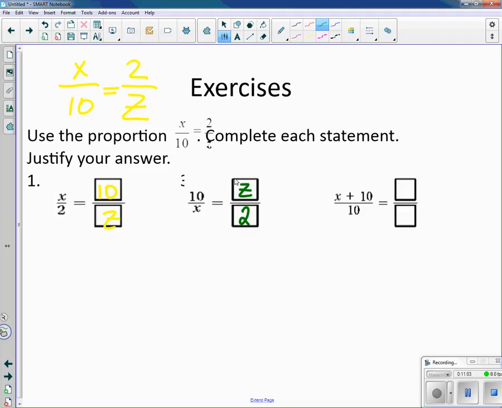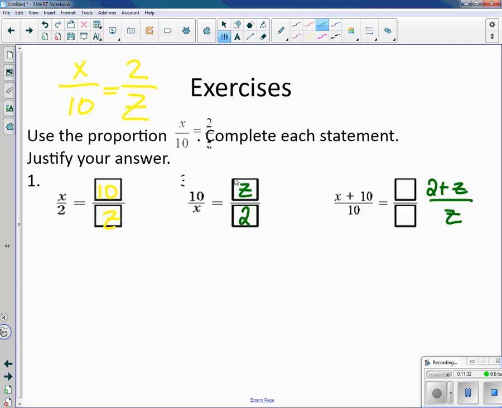Oh, 2 plus z over z. Does everybody see why it's 2 plus z? Let's look at this. It says x plus 10. x, numerator, plus denominator, over denominator, right? So what do I need to do for the other one? Numerator plus denominator over denominator. You see that? All right.